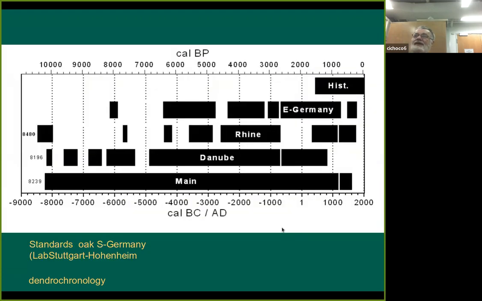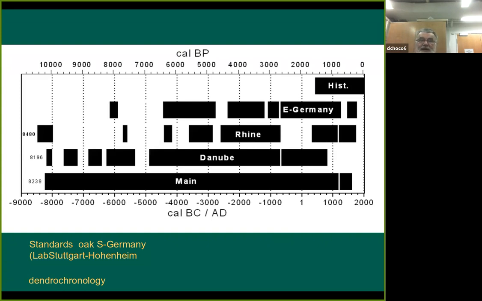Here you have some examples from the, unfortunately, not existing lab in Stuttgart-Hohenheim. It has been closed down. It was the lab founded by Bernd Becker, whom I was studying with, and who mainly dealt with oak in southern Germany. So he visited all the gravel pits along the rivers.